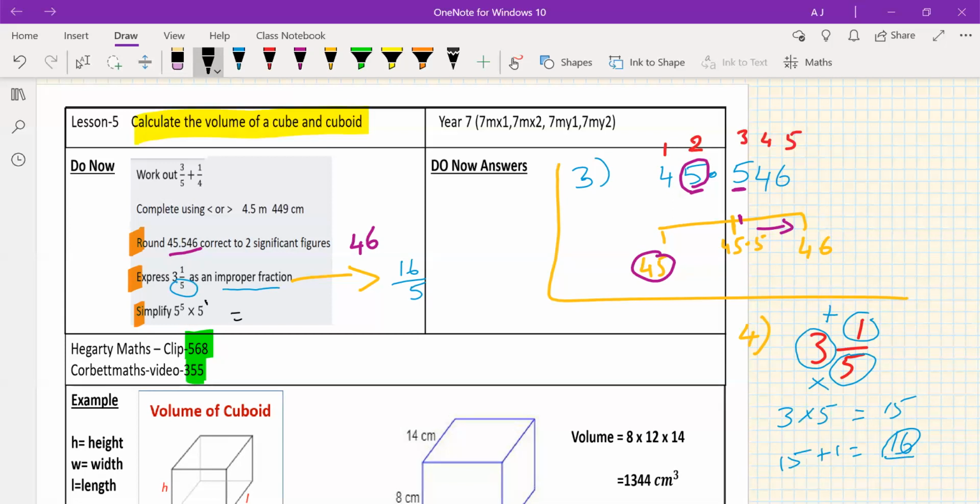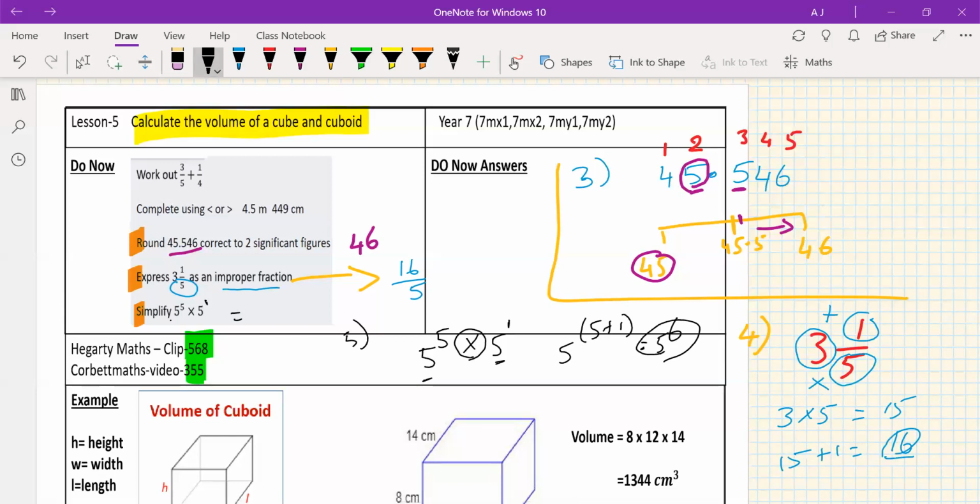When the base is the same, in here we are talking about bases, 5 to the power of 5 times 5, which I put also 1 there because it can't be just a 0. So when the base is equal, 5 and 5 here, when there is a multiplication involved, we add the powers. So keep the base as it is. We're going to add 5 plus 1, 5 to the power of 6. That is my answer for question number 5.